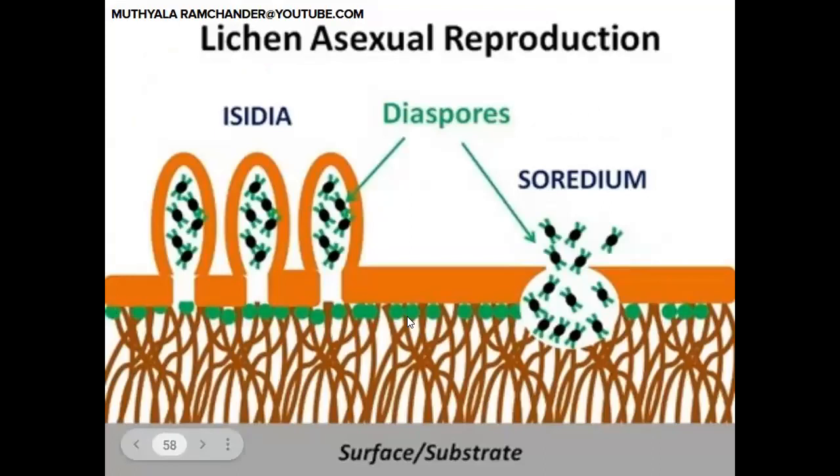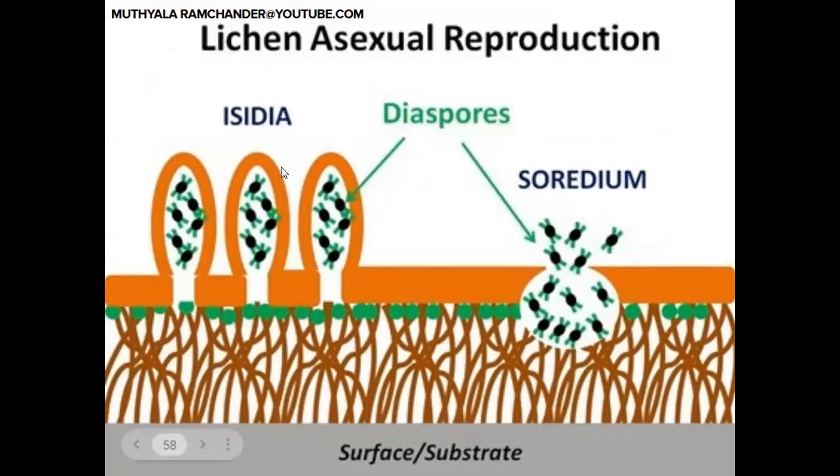See, this is the internal structure of the lichen thallus. This is the upper cortex. Below the upper cortex, the algal zone is present. During the reproduction time, some club-shaped structures develop on the dorsal region. In these club-shaped structures, spores are developed.